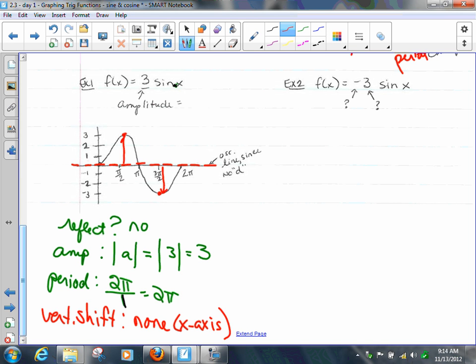That's because of the amplitude, because of the 3. And then the period is 2 pi, so that's when we put in 0 to 2 pi. And then we throw that middle value in there, pi. We throw the quarter value in there, pi over 2, and then 3 pi over 2.